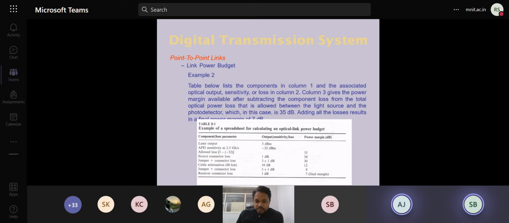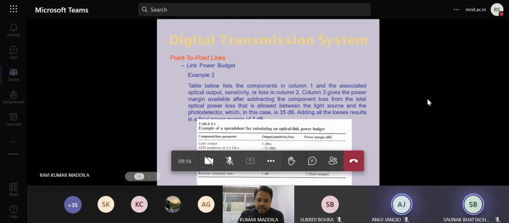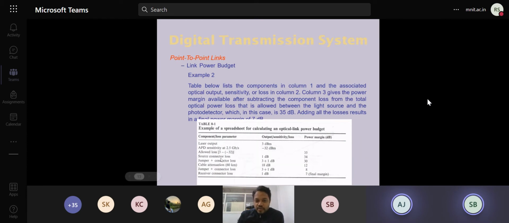So power margin, I think I had also mentioned this in class some time back. So this is what I was talking about. We had a jumper and a connector.